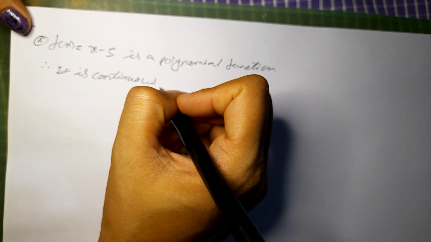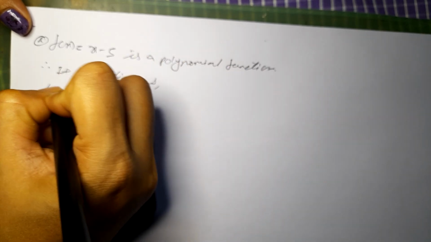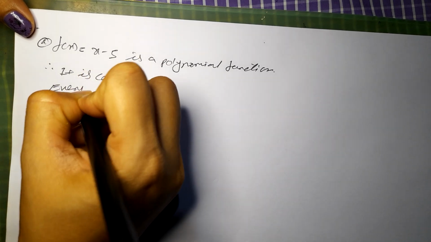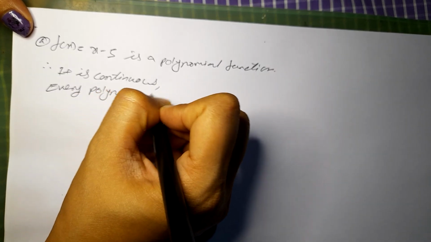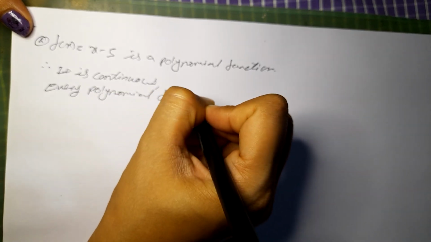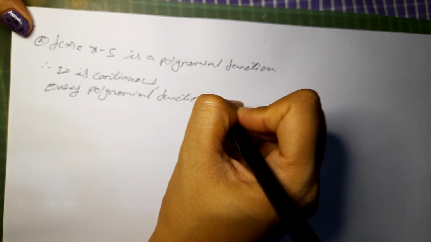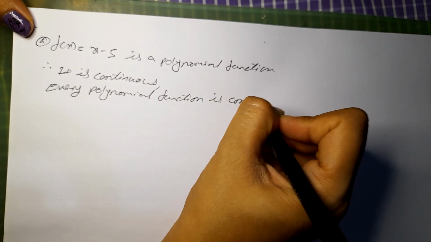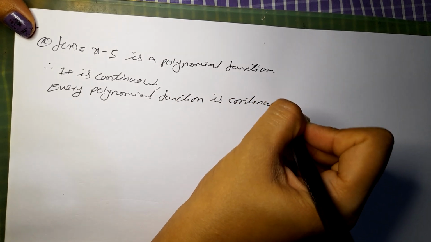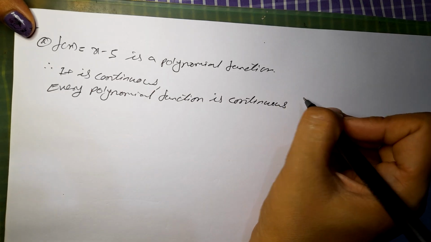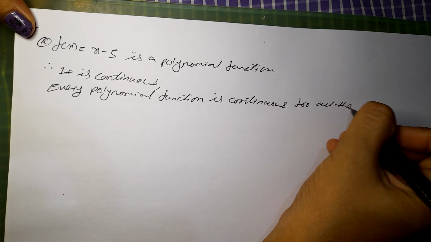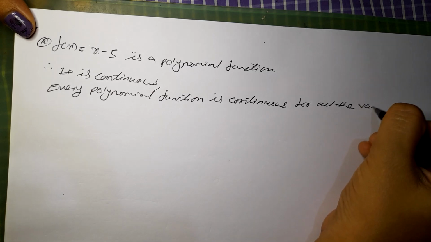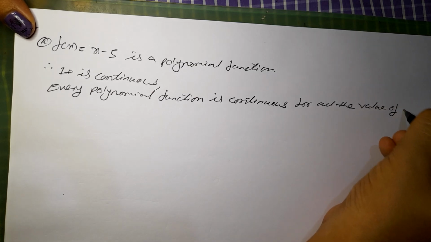Every polynomial function is continuous for all the values of x.